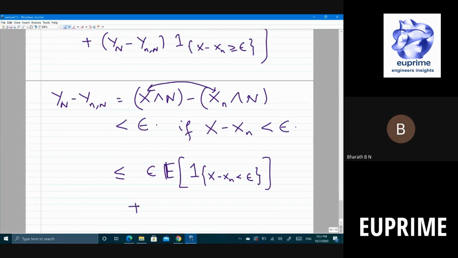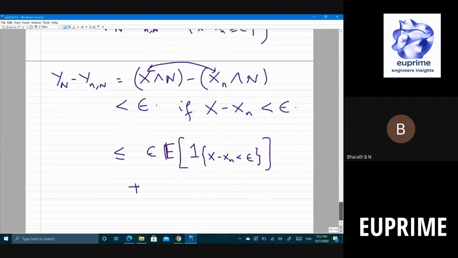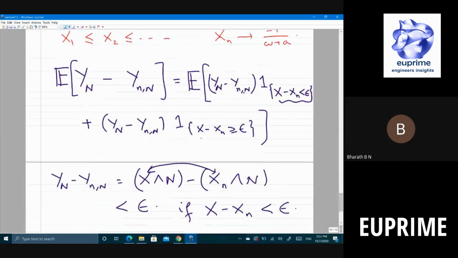Plus, what about the other term? Whenever x minus xn is greater than epsilon, what can you say about this difference? The minimum of x and n cannot be more than capital N. The minimum of xn and n cannot be more than n. So the difference cannot be more than n.